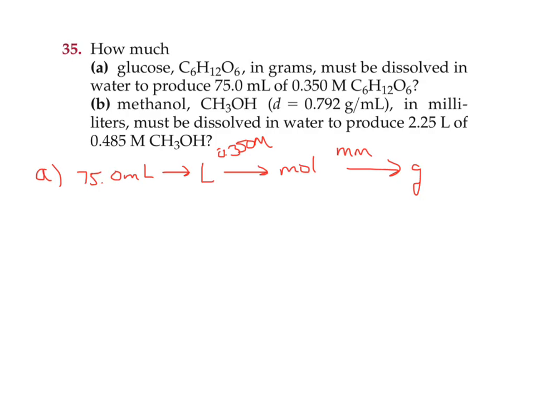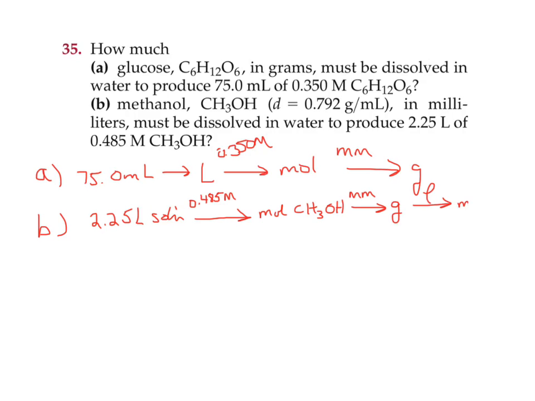And then the other one I think is similar. The other one, you have an extra step because the solute being dissolved, methanol, is actually a liquid. So once you get to grams, one last step, they're wanting volume. And so you can use the density of the methanol that's given to get from grams to volume, milliliters.